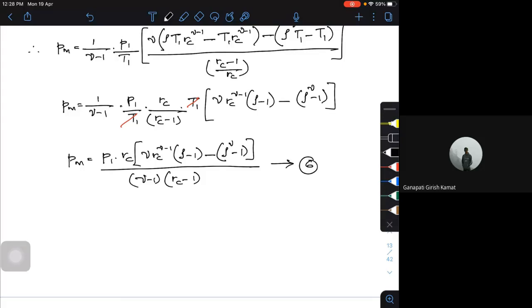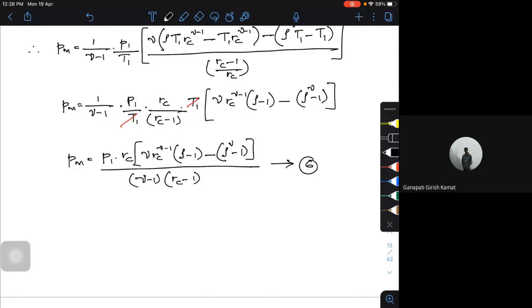I tried to simplify as much as possible. It's self-explanatory, each and every step I have written, so you can just go through it and you can understand. Yesterday in the last class we derived the expression for the thermal efficiency. Today we obtained the expression for your mean effective pressure. Fine.